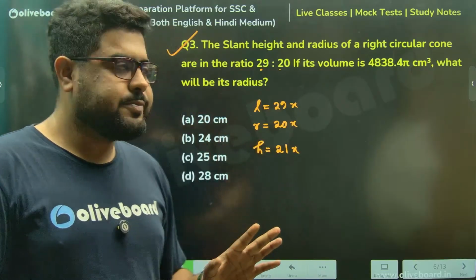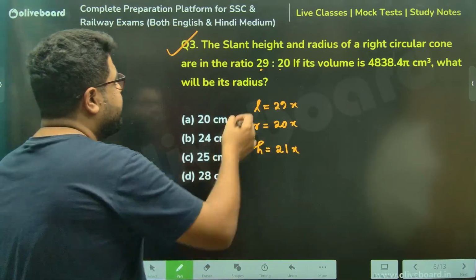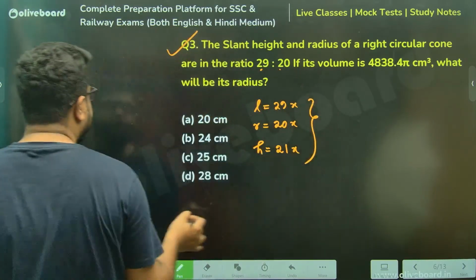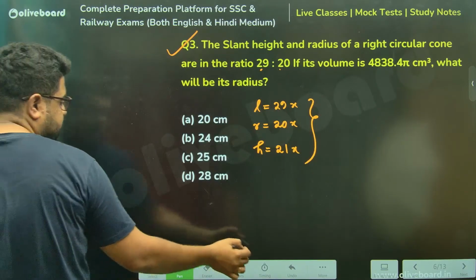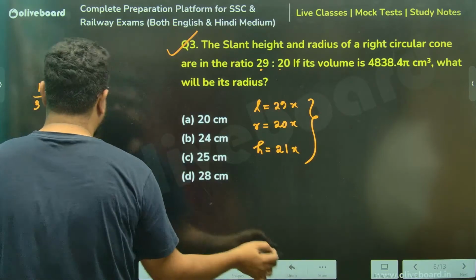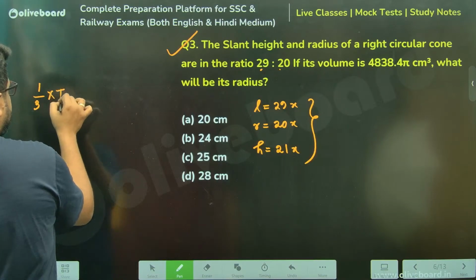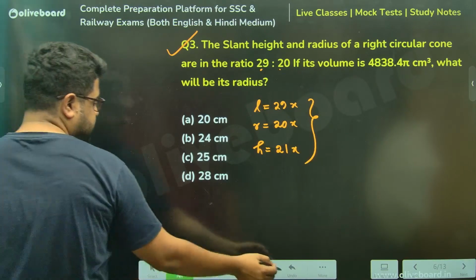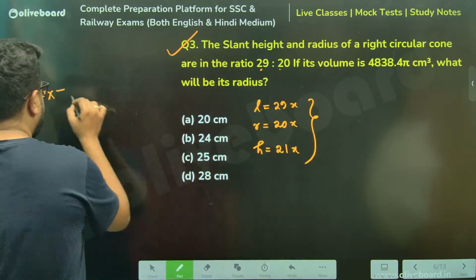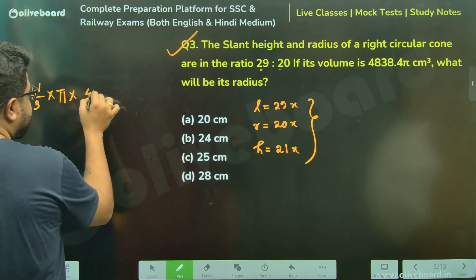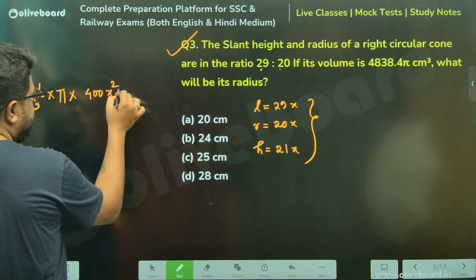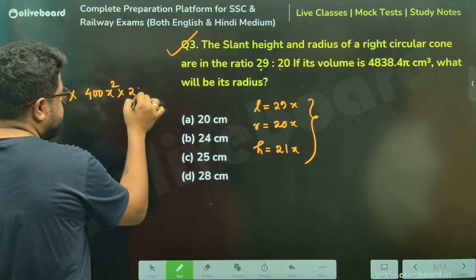Everyone must know this. Now, they are saying the volume is this, radius you figure out. Volume will be 1/3 pi r square h. I'll not put the value of pi because pi will cancel. R is 20, 20 square is 400x square, into h is 21x.